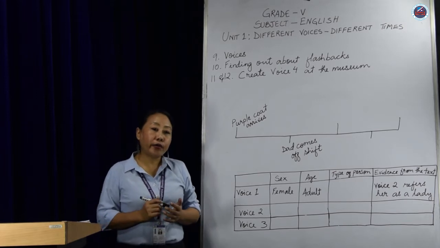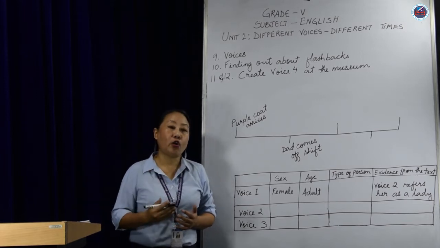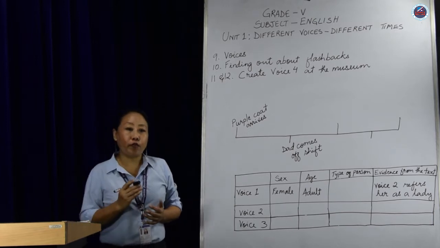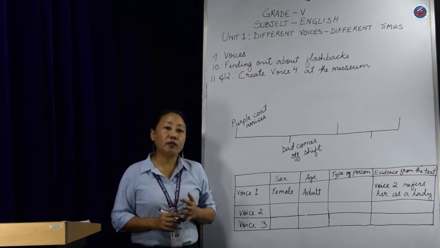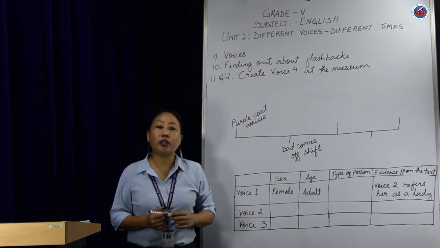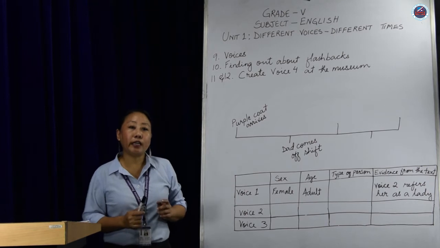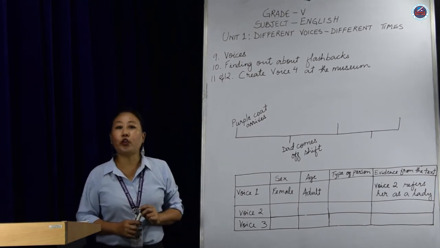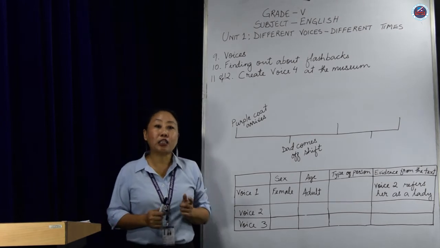You can record your voice reading aloud each voice, that is voice 1, voice 2 and voice 3, or you can do a role play on it with your siblings, as it is not possible for you to do so with your classmates now.